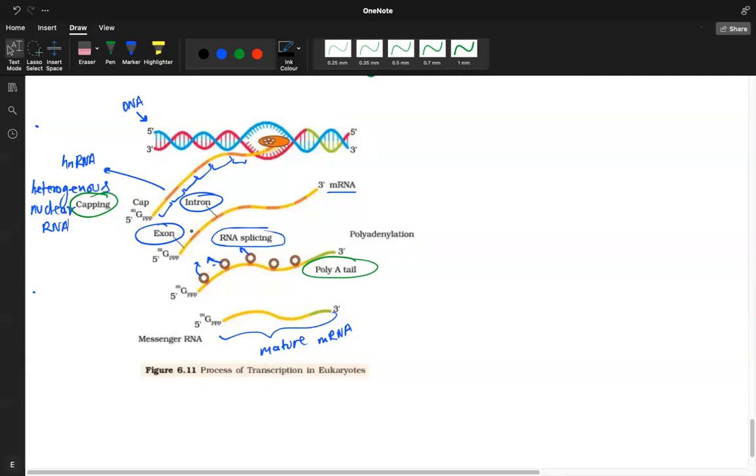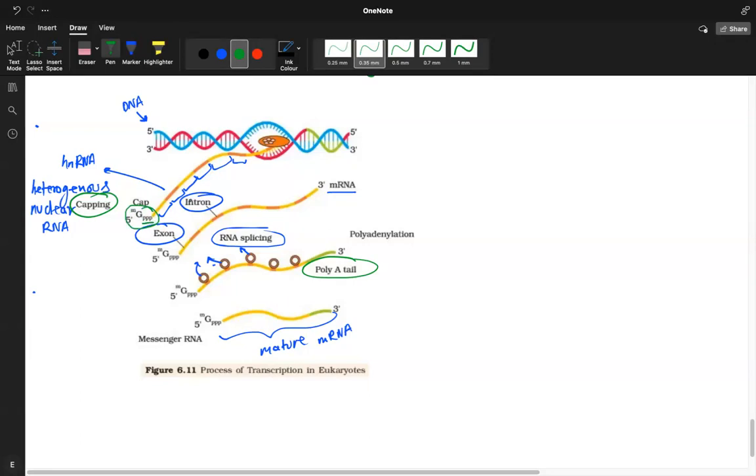So capping is putting a cap at the 5' end. Remember, RNA polymerase works from 5' to 3' direction. So the first thing that comes out is the 5' end. So at the 5' end, capping takes place. Capping is nothing but, at the 5' end, you put this MG3P. These are 3 phosphates, PPP, attached to a methylated guanine. So it's called MG3P, MGPPP.